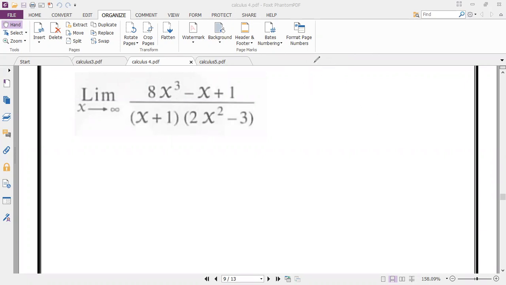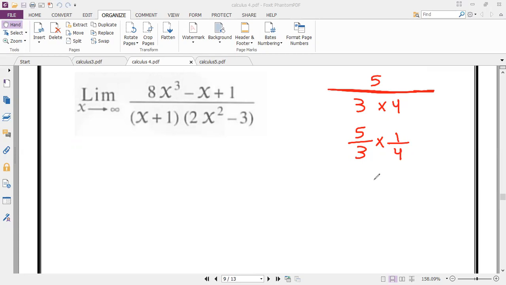And I want to tell you an important piece of information. If we have something like 5 divided by 3 times 4, we can write it as 5 over 3 times 1 over 4. Don't write this 5 again.